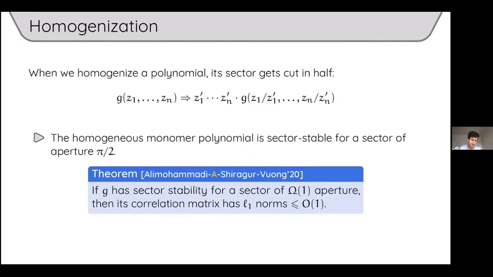It's actually important. So when you homogenize the monomer-dimer system, you get a polynomial that is sector stable with a sector of aperture pi over 2. And what we show then is that whenever you have a sector stable polynomial for a sector with constant aperture, then the correlation matrix of it will have L1 norms bounded by order 1. Okay, and this basically is roughly the inverse of this.